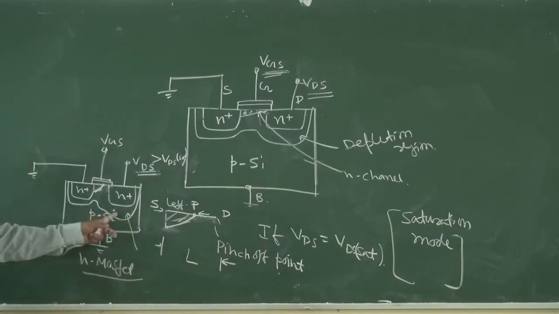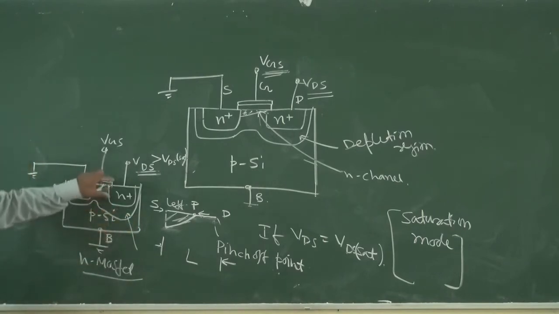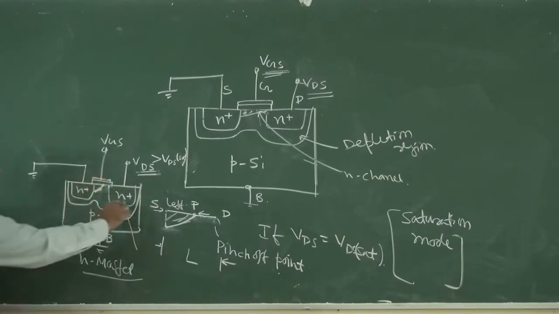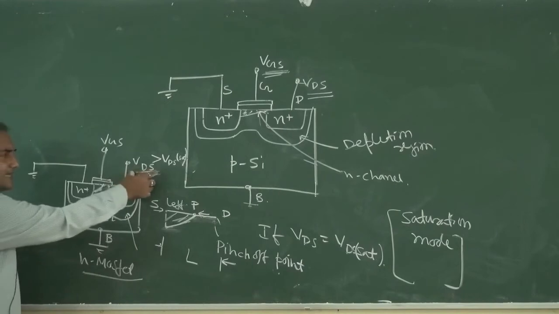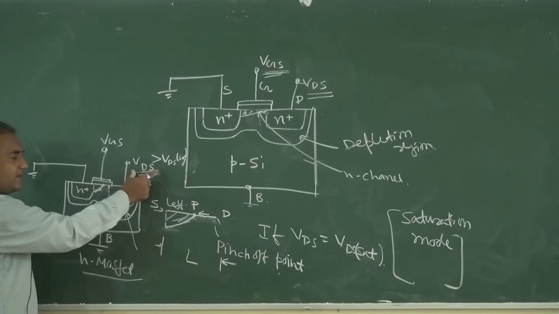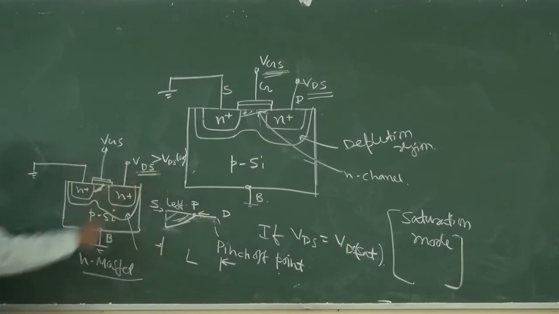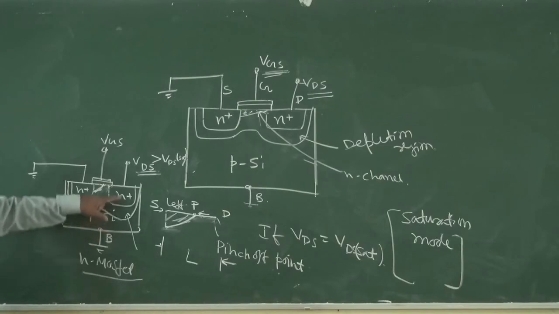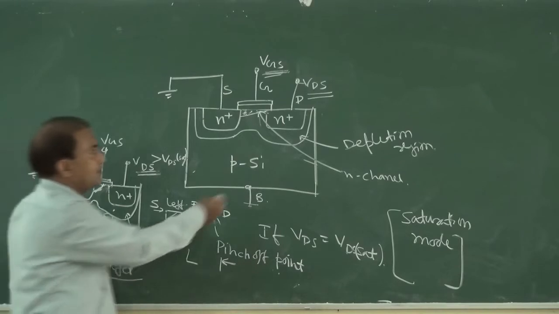The depth of the depletion region at the drain terminal increases by the application of VDS. So if we are further increasing VDS, then this depletion depth at the drain terminal starts increasing.